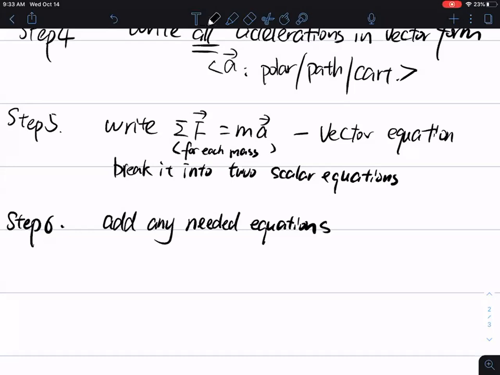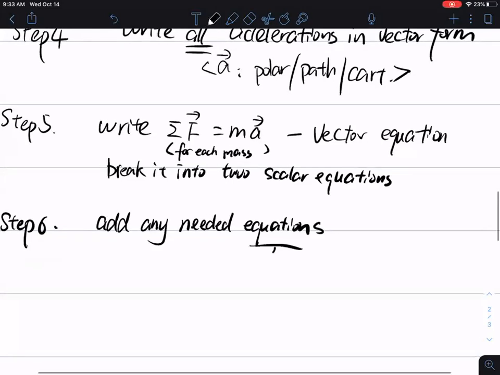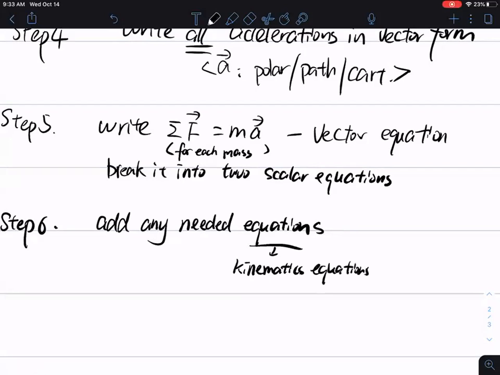If you have 2 equations, you can solve up to 2 unknowns, right? What if you have 3 unknowns in the equation? You want to build 1 more equation. Now, where do you get this 1 more equation? You get that equation from kinematics equations. What is kinematics? That means everything you learned from chapter 1 to 3. Here, that means kinematic equations, chapter 1 to chapter 3.